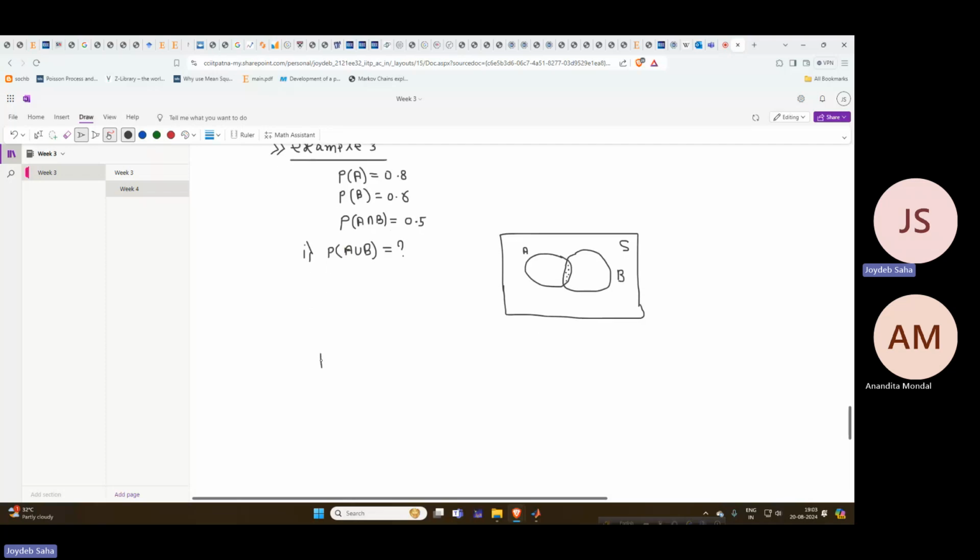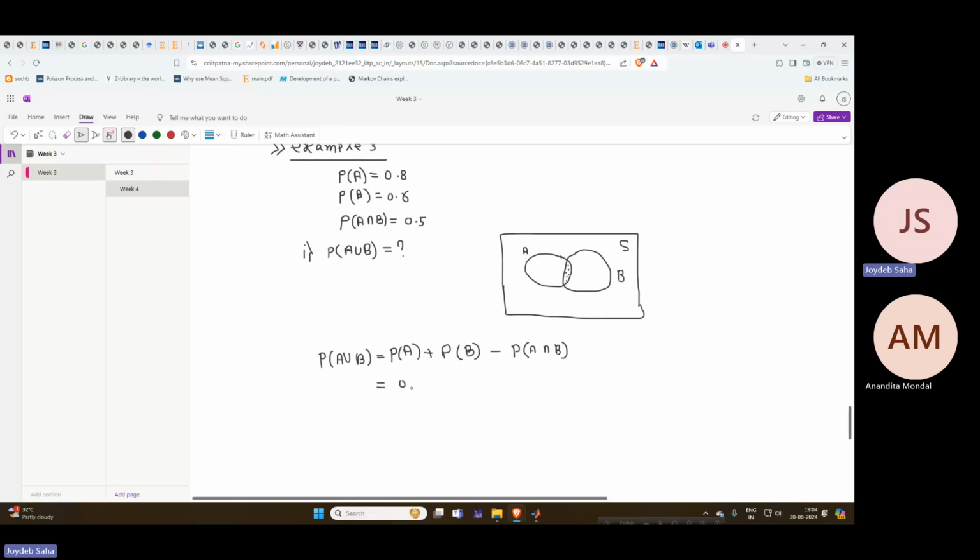So the probability of A union B, if we try to calculate, will be probability of A plus probability of B minus probability of A intersection B. What is the value?